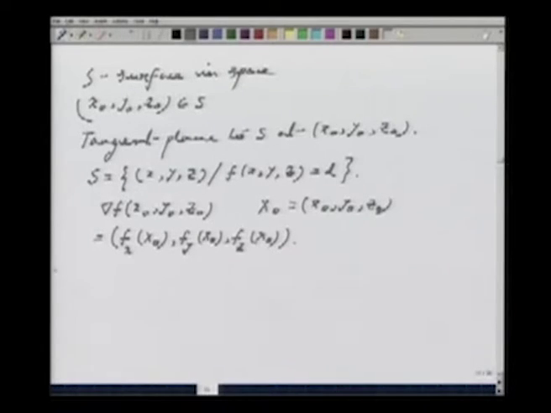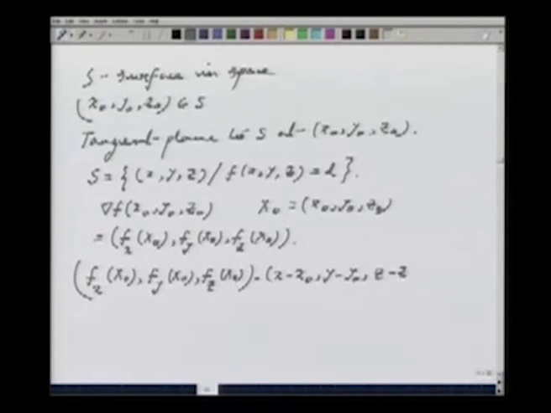Then the equation of the tangent plane is nothing but this, that fx at x naught, comma fy at x naught, comma fz at x naught, this vector dot x minus x naught, y minus y naught, z minus z naught equal to 0.